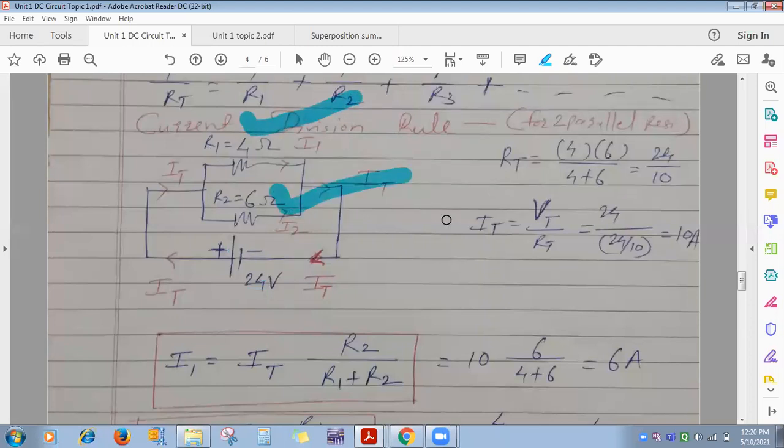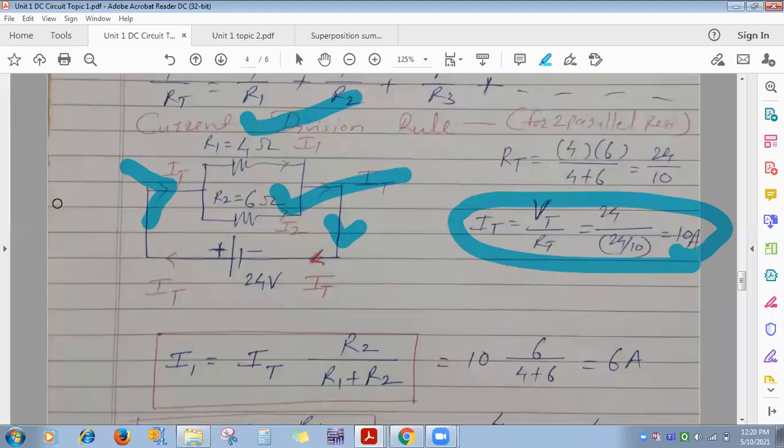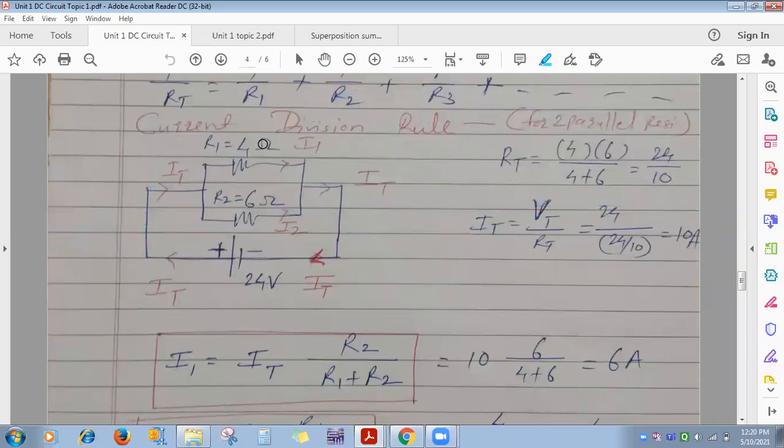Two resistances connected in parallel, whose values you should know, so 4 and 6 are given. The total current entering at their parallel junction, or leaving, is the same, and that you should also know. Here we have calculated 10 ampere. So you can apply the current division rule to find the current flowing through R1 and R2, I1 and I2.